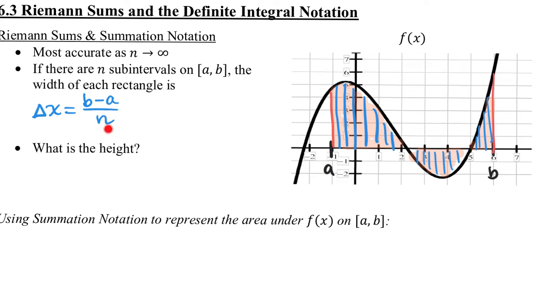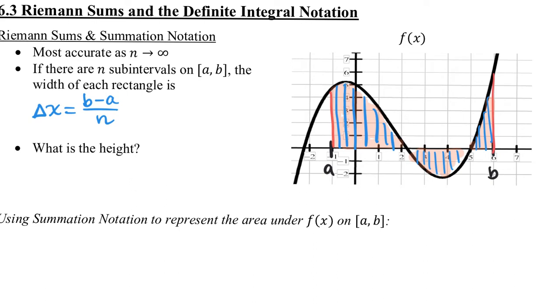If n is approaching infinity, then this expression is approaching 0. So each of these bases of these rectangles is actually infinitely small. If this is an infinitely small width, then it's not going to matter whether I'm coming from the left, the right, or the middle, because it's so small that they're essentially the same value.